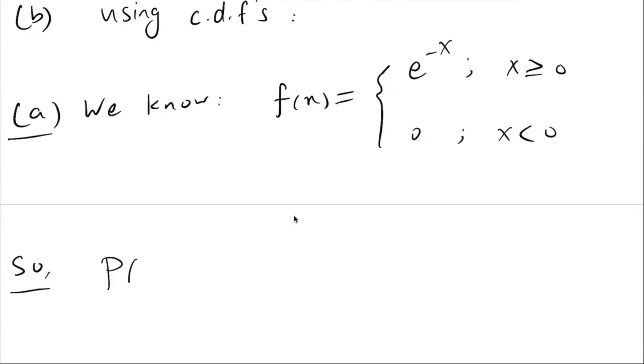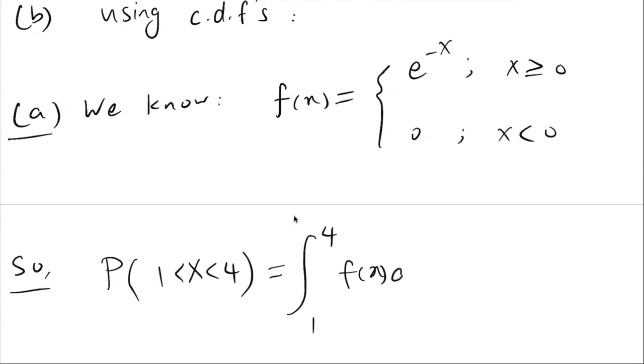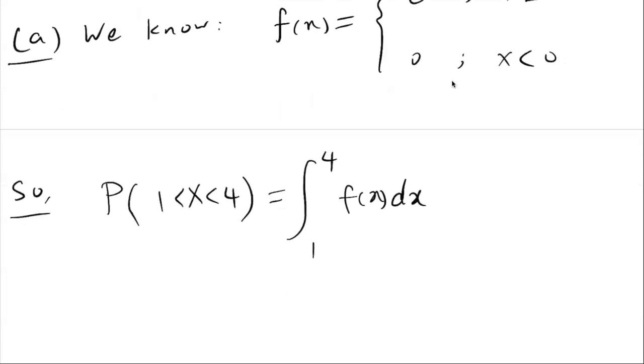So P of X between 1 to 4 is the same as the integral from 1 to 4 of f of X dX. Now for X between 1 to 4, because that means X is positive, we have to use this formula here, e to the minus X, so the integral from 1 to 4 of e to the power minus X dX.